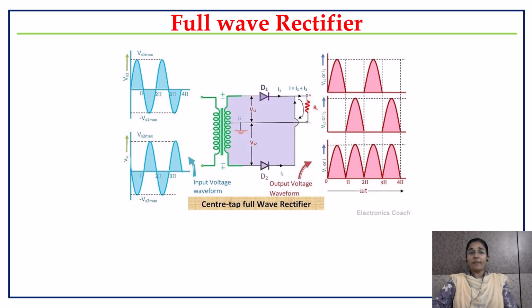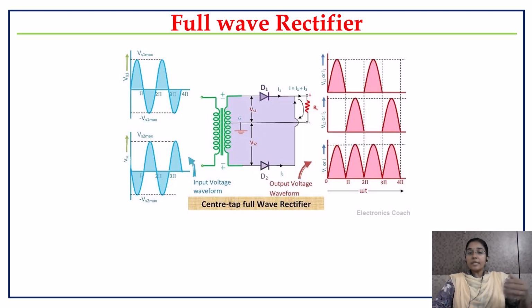This full-wave rectifier is a device similar to my half-wave rectifier with a few differences. There I used a transformer and one diode, but here in the full-wave rectifier I will be using a center-tapped transformer along with two diodes, D1 and D2.